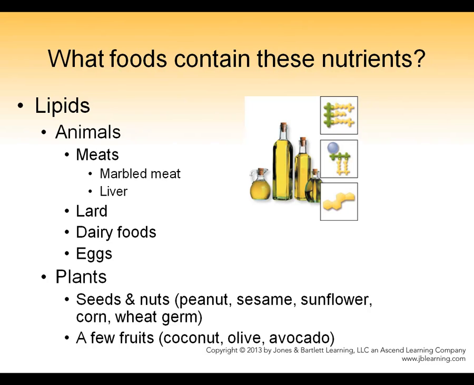We usually don't have much contact with wheat germ because it is stripped off of the wheat when it's made into white flour, and that's mainly what Americans eat: bread products or wheat products made from white flour. So the germ is the portion of the wheat seed that actually contains the oils.